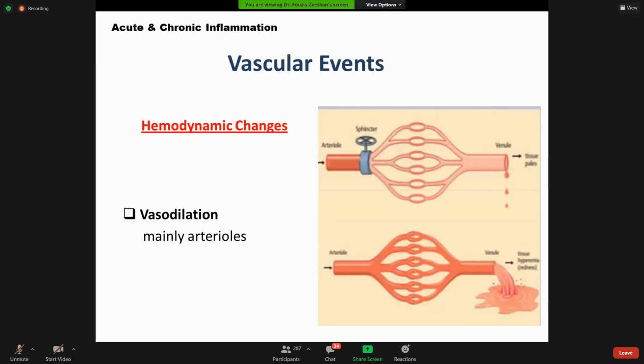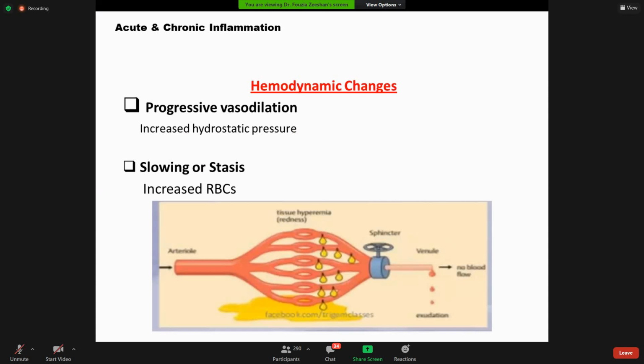Then after a few seconds or minutes, this vasoconstriction is converted into vasodilation, right? The diameter of the arterioles and the venules becomes wider, and there is progressive vasodilation. Once the vasodilation has started, it keeps on going due to the increased hydrostatic pressure.